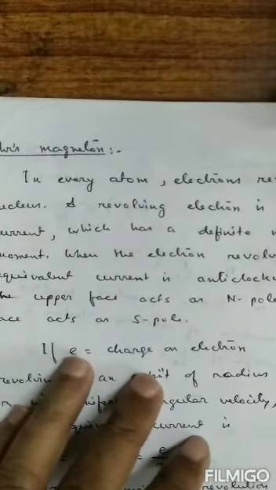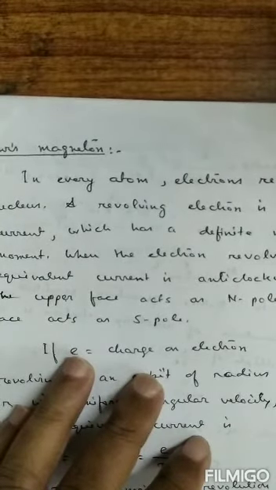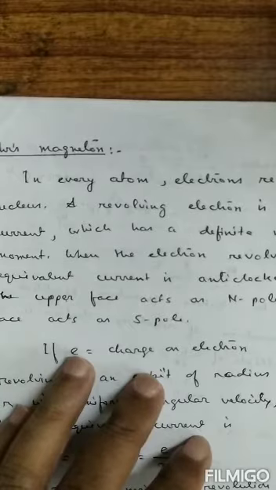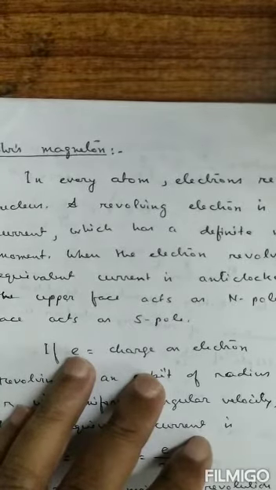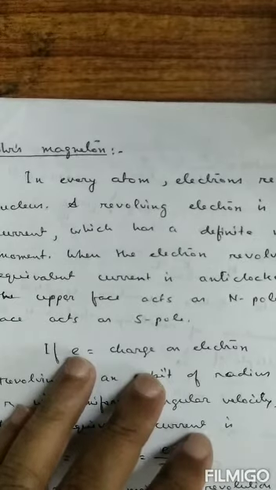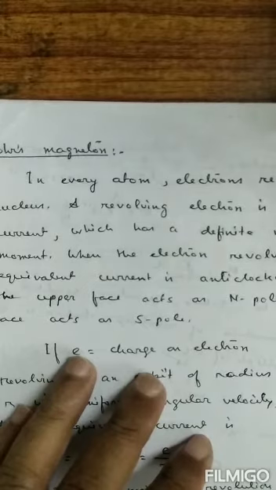We know that in every atom, electrons revolve around the nucleus. A revolving electron is like a loop of electron current, because what is current? It is the flow of electrons.